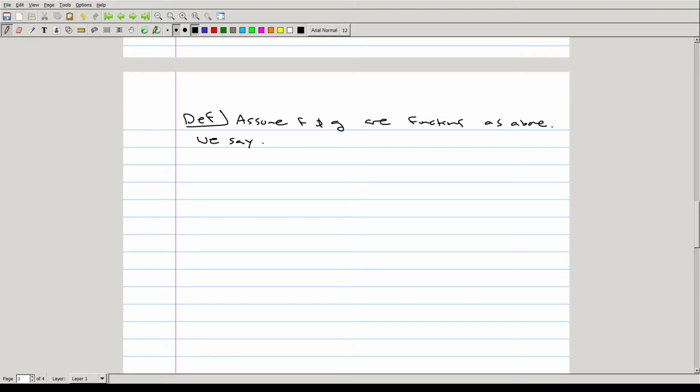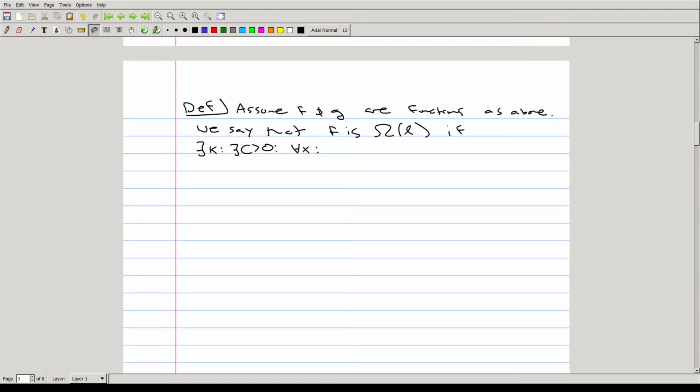We say that f is big omega of L if there exist constants K and C such that for all x, if x is greater than k, then the absolute value of f of x is greater than or equal to c times the absolute value of L of x.